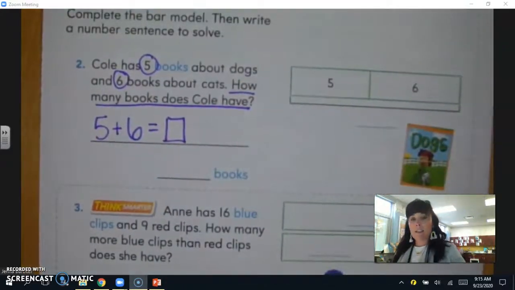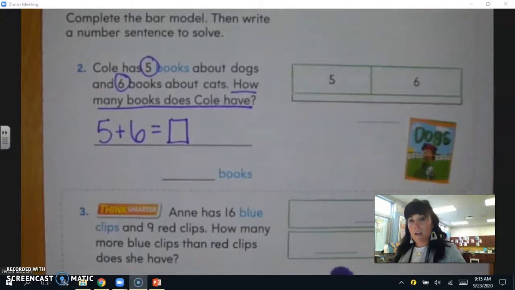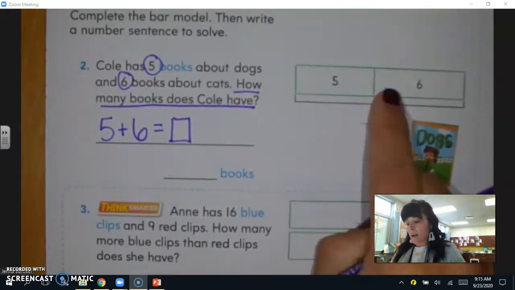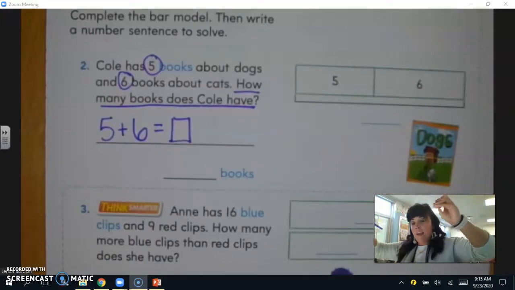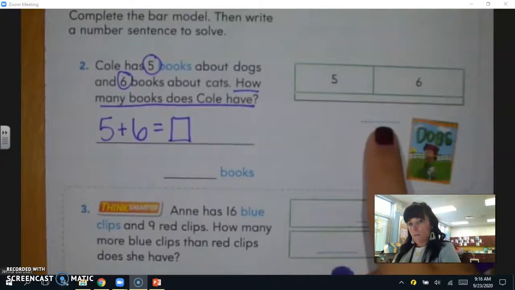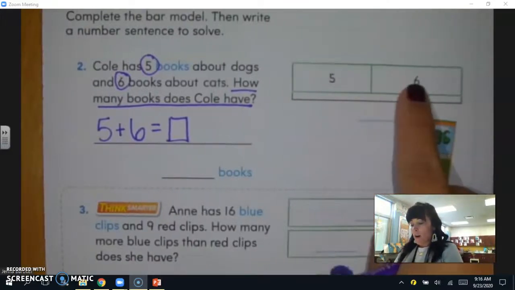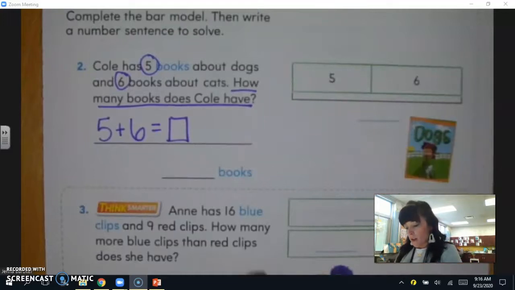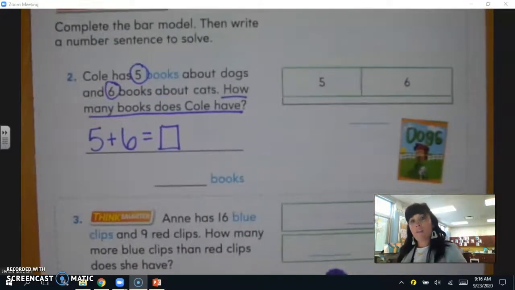And that's my number sentence. Okay? And if you look over here, 5 and 6 make up that whole. We need to figure out what 5 and 6 equal. So 5 and 6 are the parts. We're searching for the whole. 5 plus 6, I want everyone to try and solve that right now.